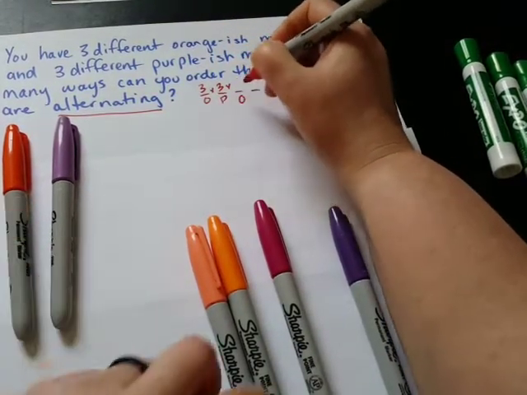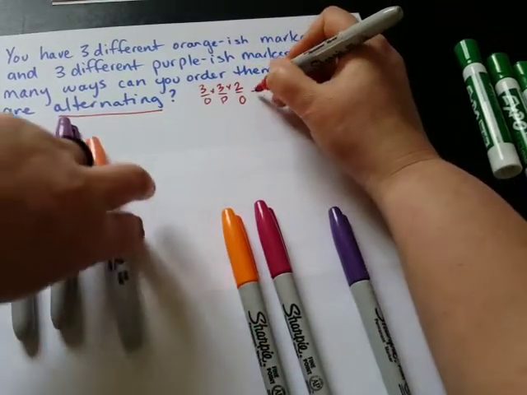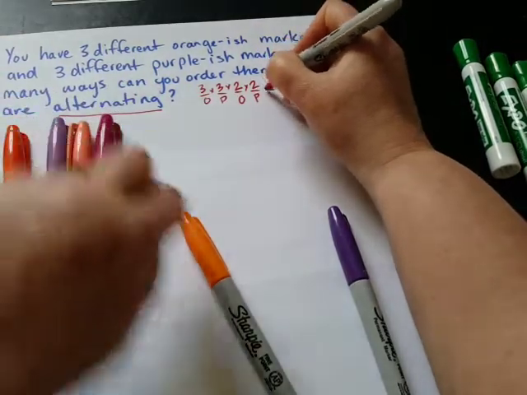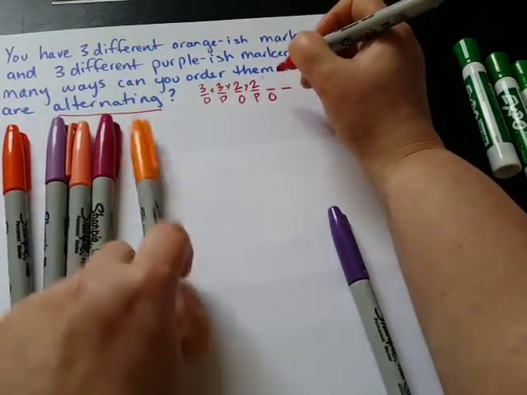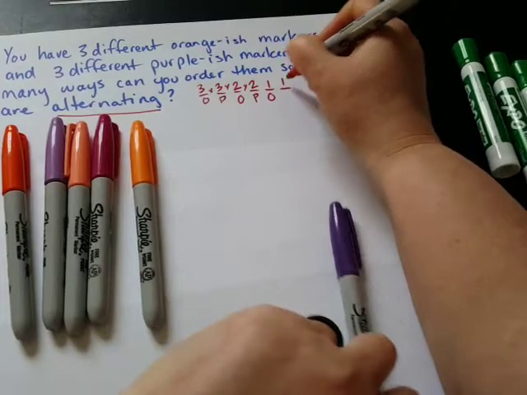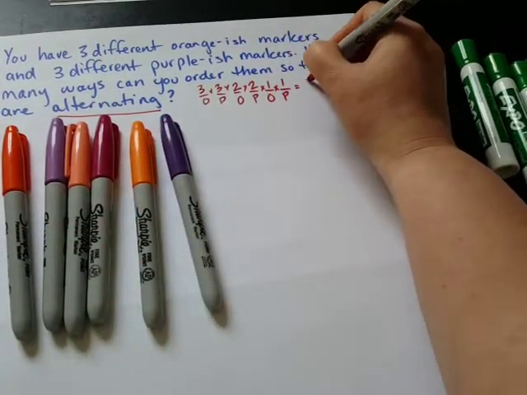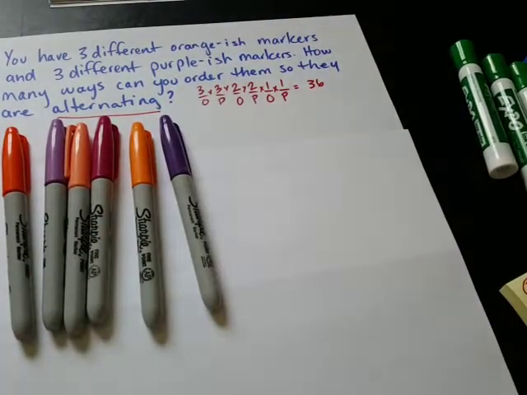Then I need another orange, then another purple. And lastly, there's only one more pick for the last orange and one more pick for the last purple. So there were 36 different ways to alternate them like that.